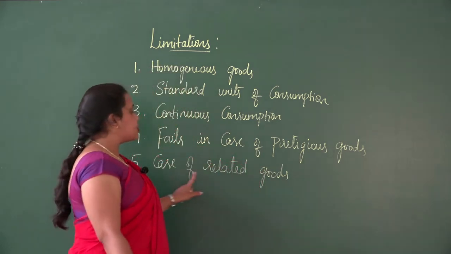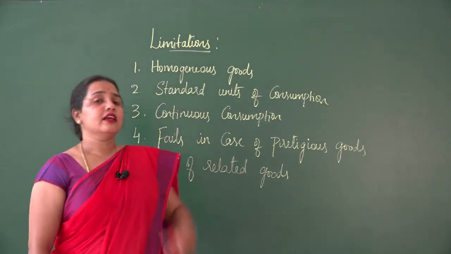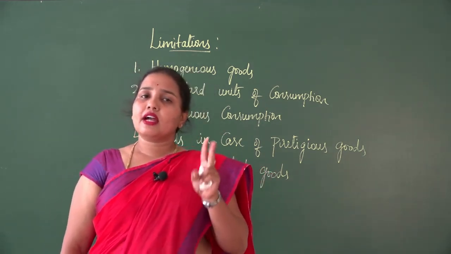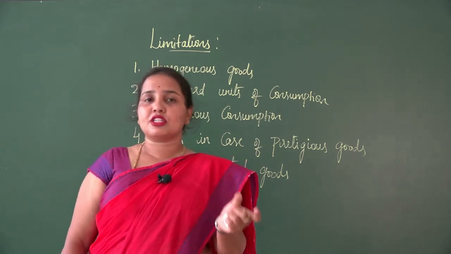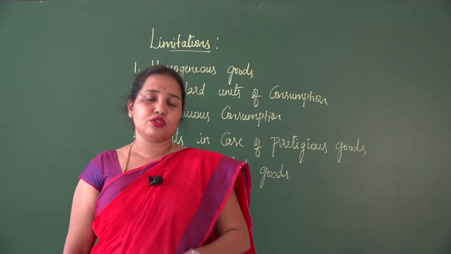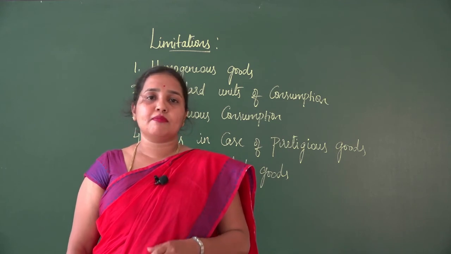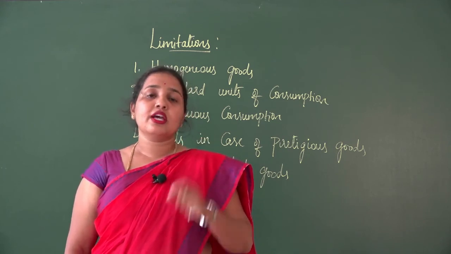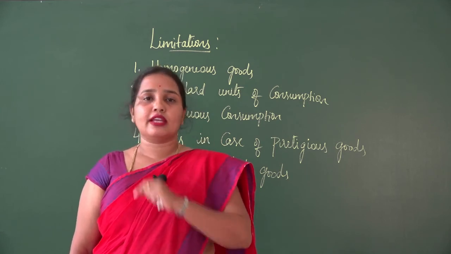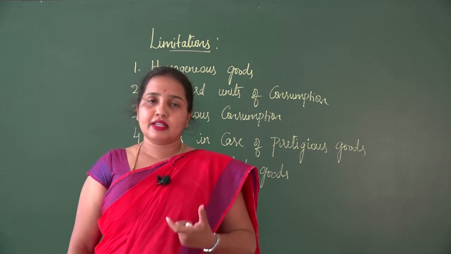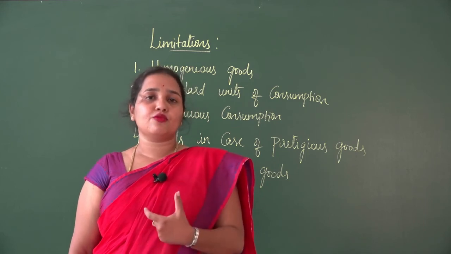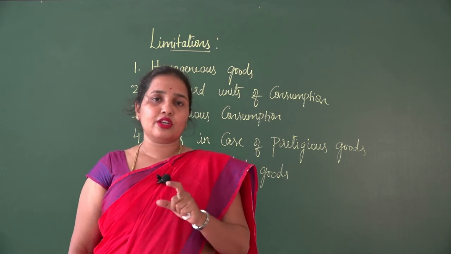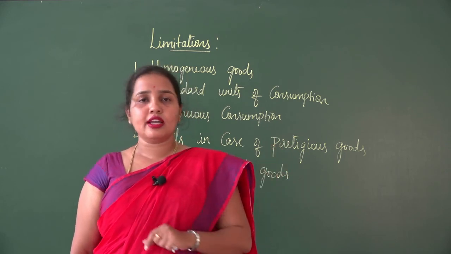Next is the case of related goods. In the utility analysis, we come across demand, where there are two types of goods that we consider: substitute goods and complementary goods. Let us take tea as an example of complementary goods. When we consume two goods together, we call them complementary goods, like tea and sugar; you cannot have tea separately and sugar separately.